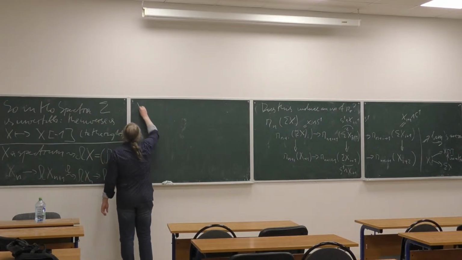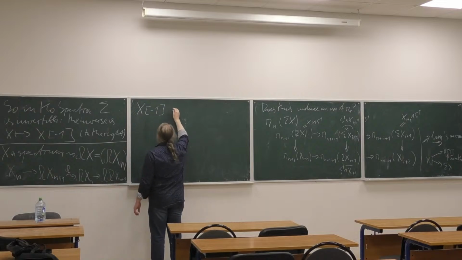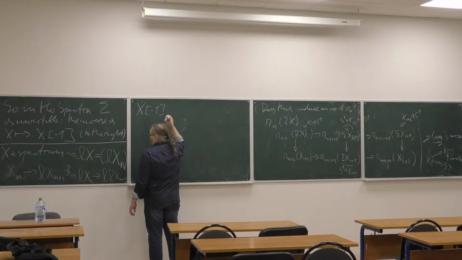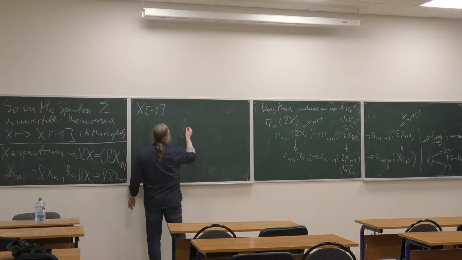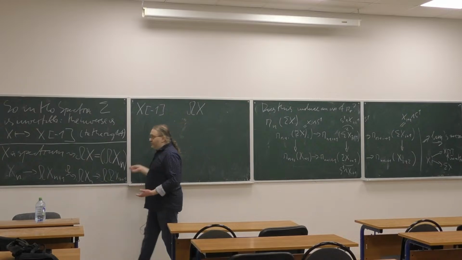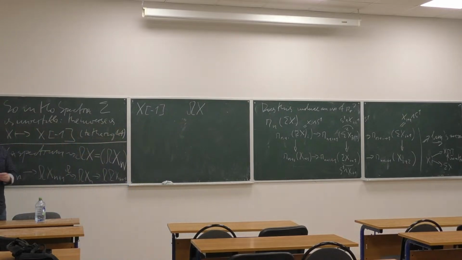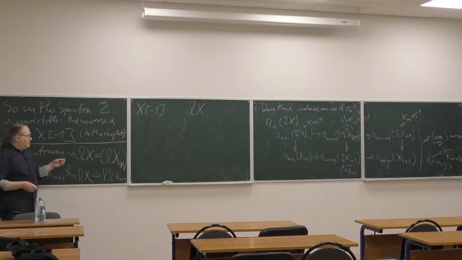So I have this operation. Well, now I want to show that this operation in the homotopy category is isomorphic to the shift to the right.